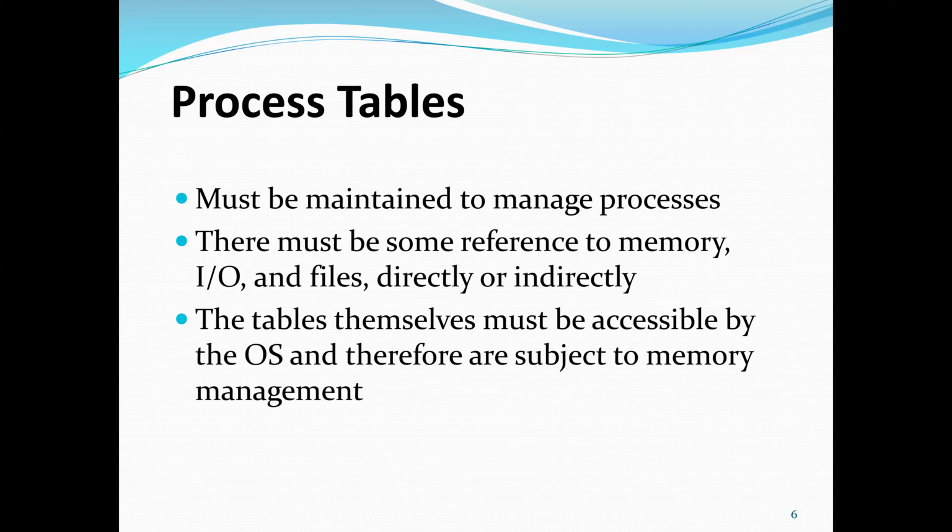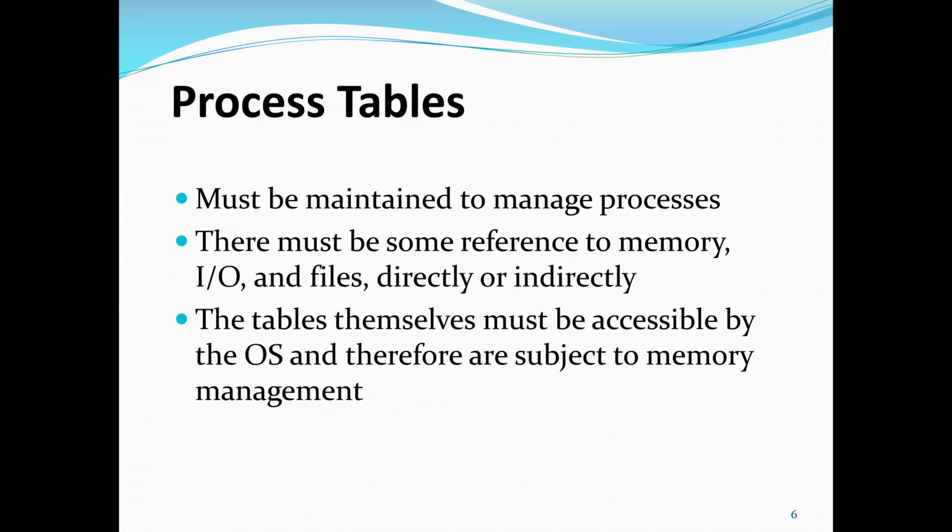So again, there must be some references to these resources directly or indirectly in the process table. So again, we have one process, we may have information about the resources that the process is using. An example can be the memory resources, the address, or the data I/O items.